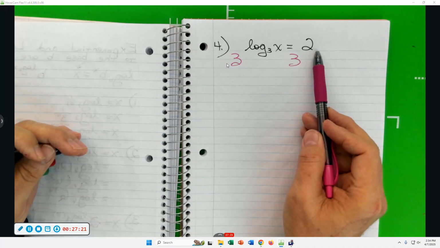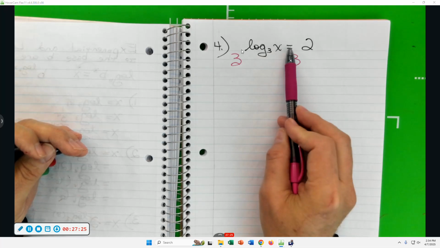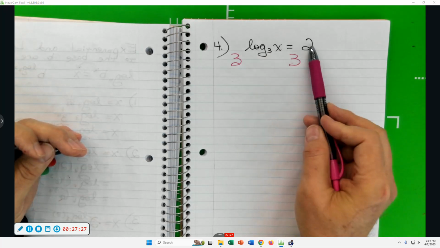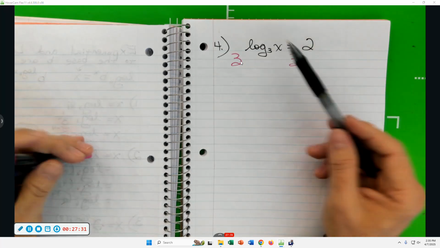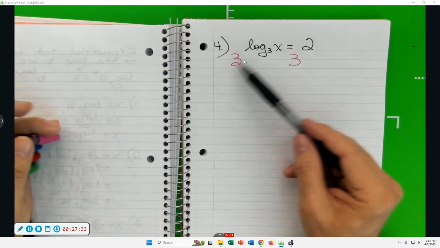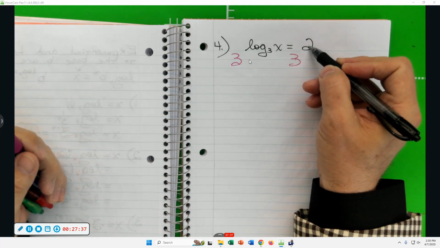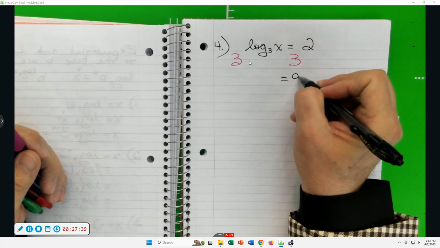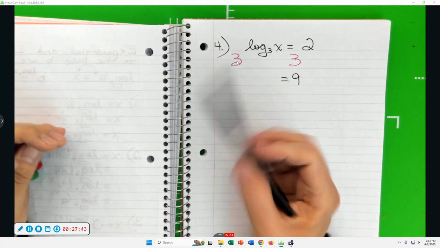It looks weird, but this is saying 3 to the log base 3 of x is equal to 3 squared. It's like those old-fashioned typewriters where the exponents were the same size as everything else. 3 squared, I know that. That's 9. What can I do here with the 3 to the log base 3?